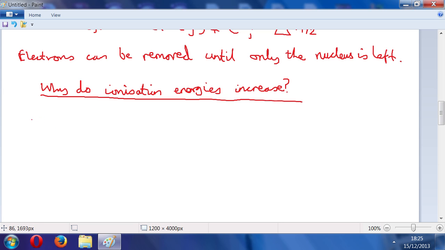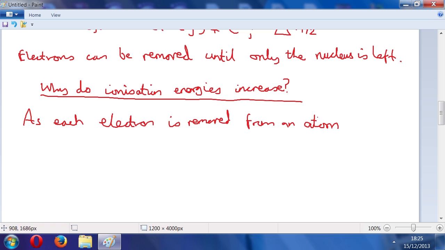So why do ionization energies increase? As each electron is removed from an atom, so we're just picking them off, the remaining ion becomes more positively charged.